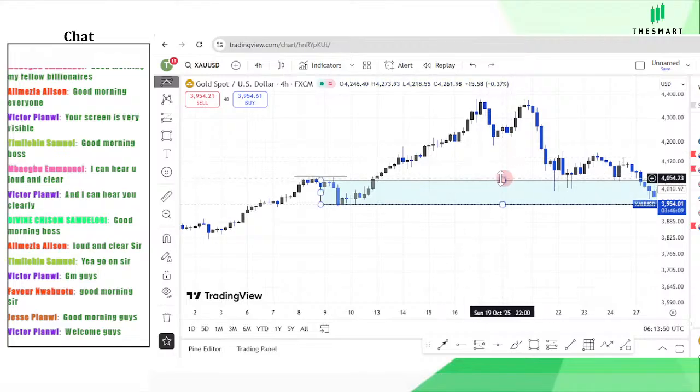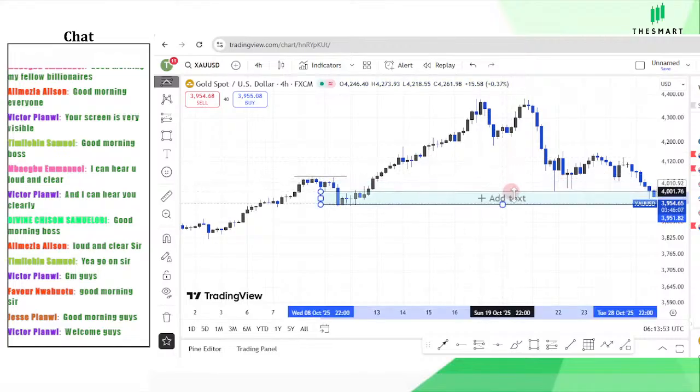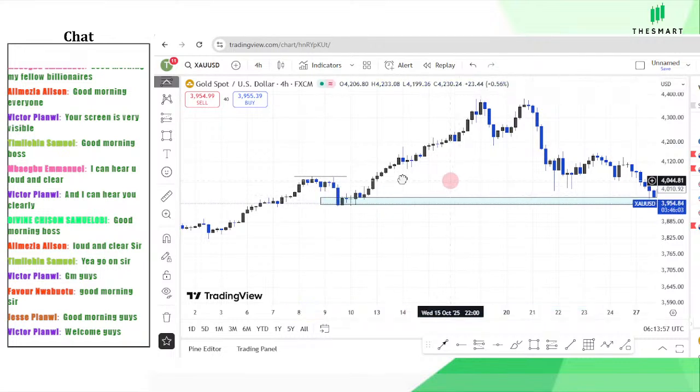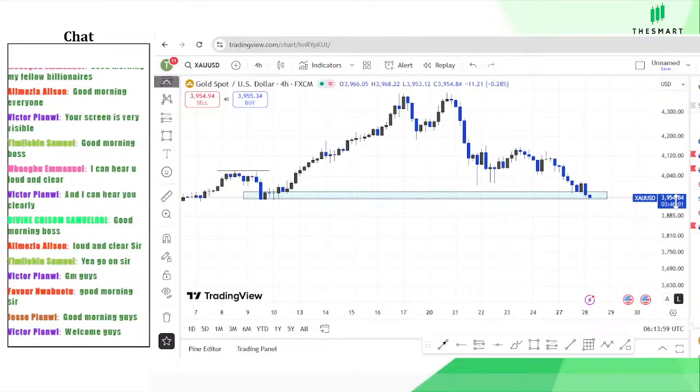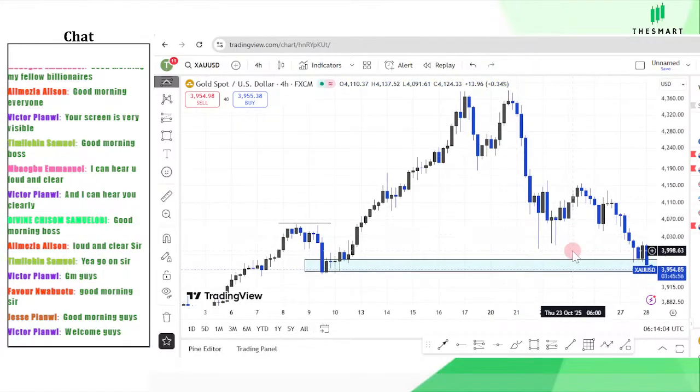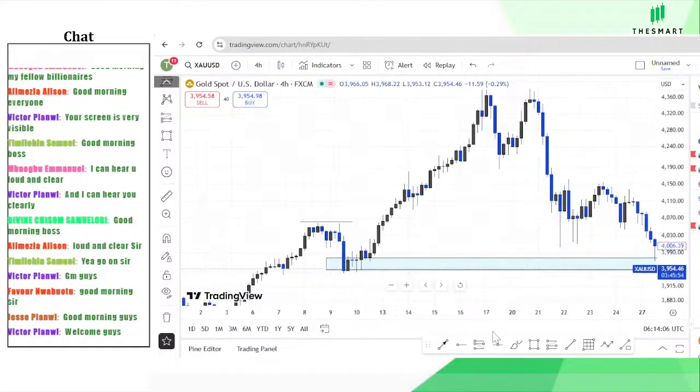So from the 4 hours, we'll refine this chart to this level. This is what we have on the 4 hours. So we have this break of structure. I'm going to extend that properly.